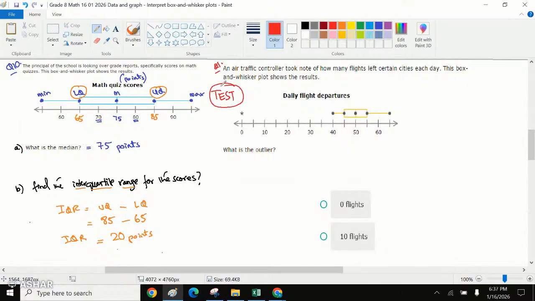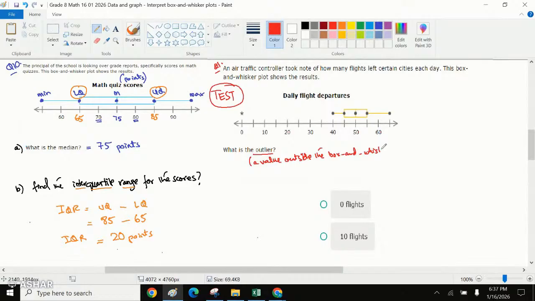An air traffic controller took note of how many flights left a certain city each day. The box and whisker plot shows the results. What is an outlier? Can anyone answer? What is the outlier in this question? As we remember, an outlier is a value outside the box and whiskers, right?